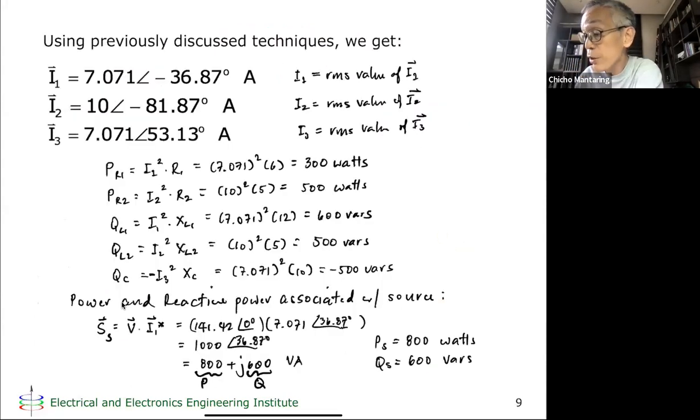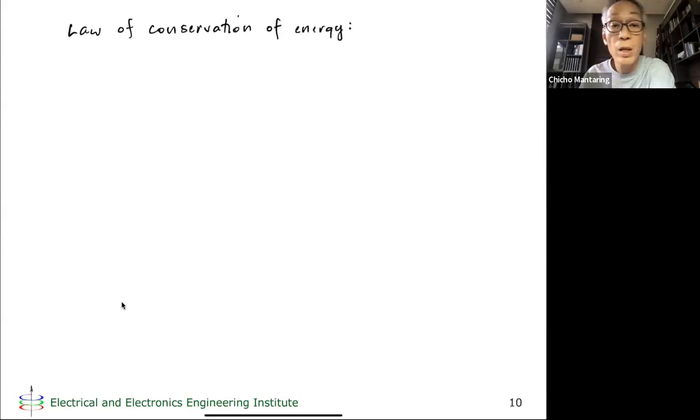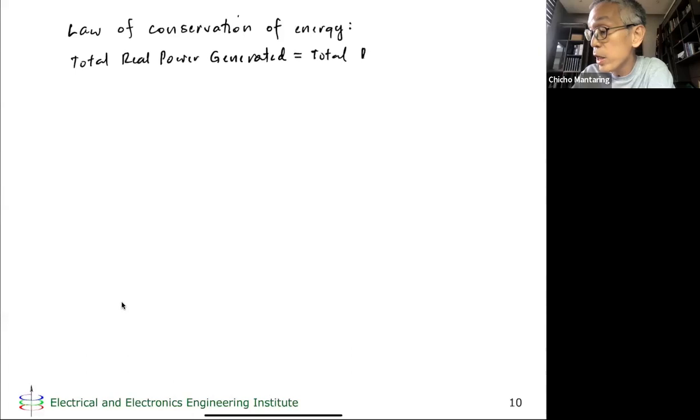Now there's your law of conservation of energy. In this case, we split this into two. The total real power generated should be equal to the total real power delivered.